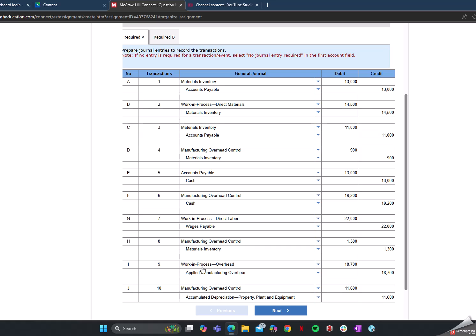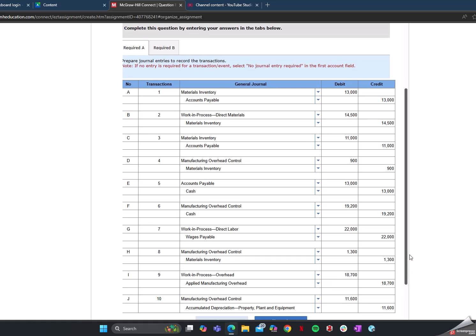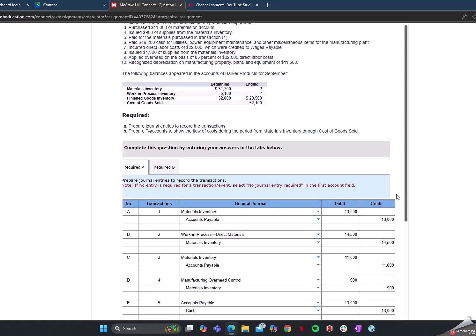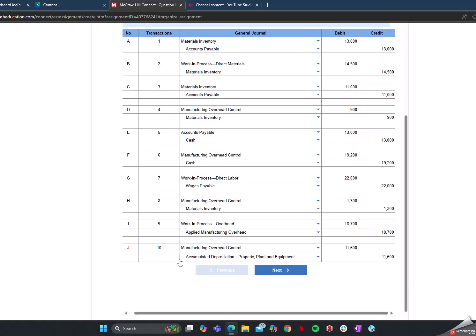When we charge it out to the jobs based on our predetermined overhead rate, it goes to applied manufacturing overhead. Then number 10, we recognize depreciation of $11,600 on manufacturing property, plant, and equipment. That goes to manufacturing overhead control, and then we credit accumulated depreciation, property, plant, and equipment.